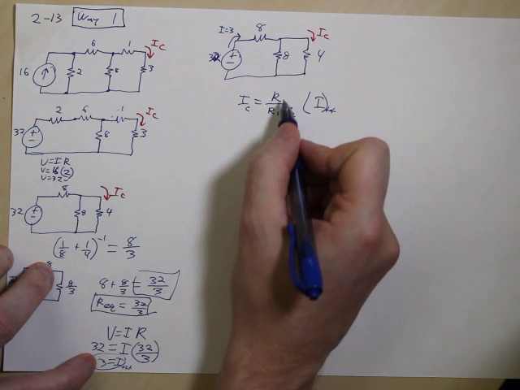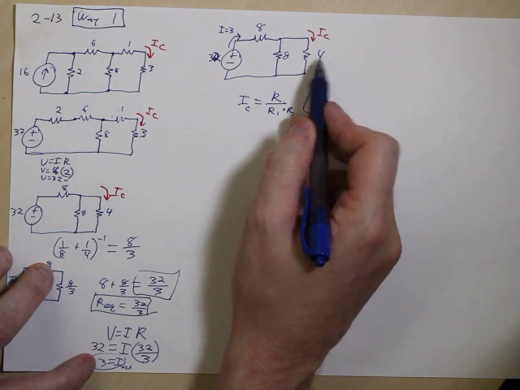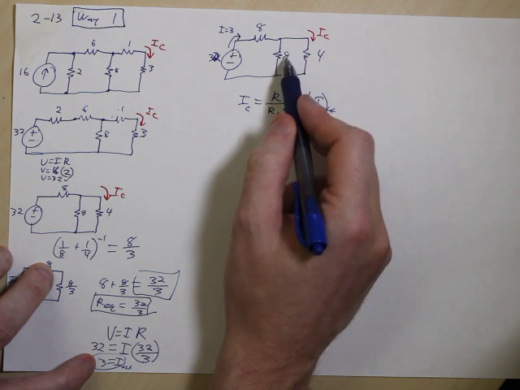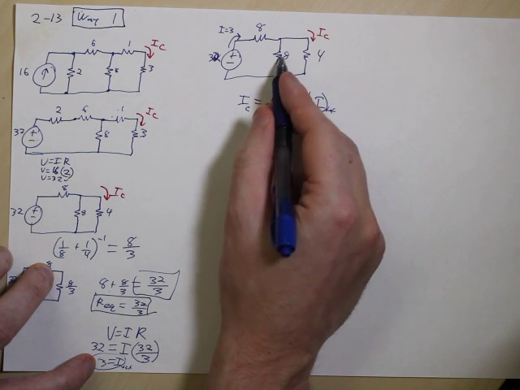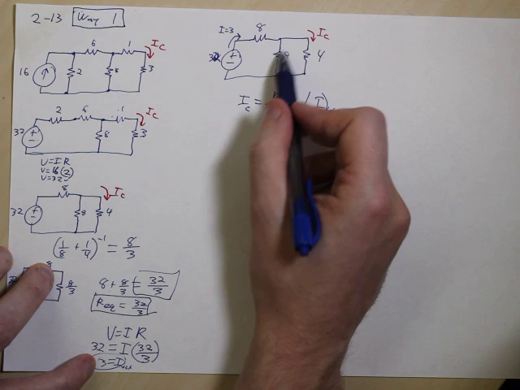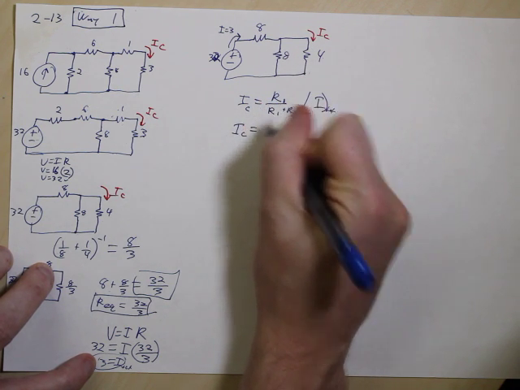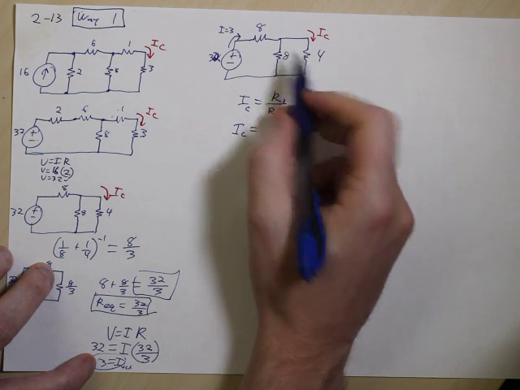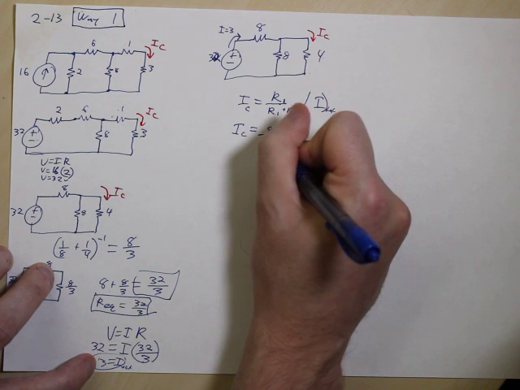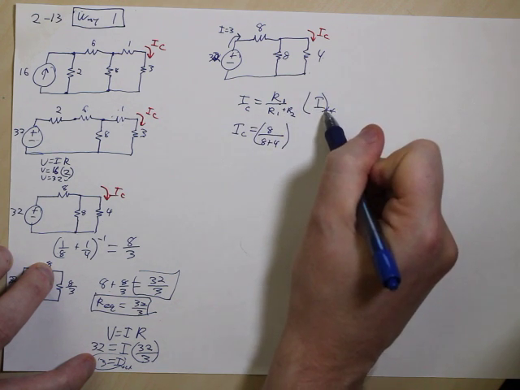So what this is saying is you pick which resistor, resistor 1 or resistor 2, and that is going to give you the current going through the other one. So if I pick the 8 ohm, I'm going to call this R1, that's R2, I'm going to pick that one. So if I pick what's going through this, that's going to solve for this current. So let me show you real fast. IC equals R1, so that's going to be 8 ohms over 8 plus 4, and then times I total.